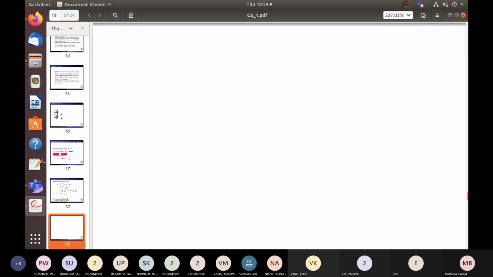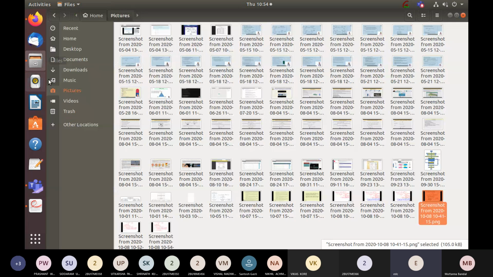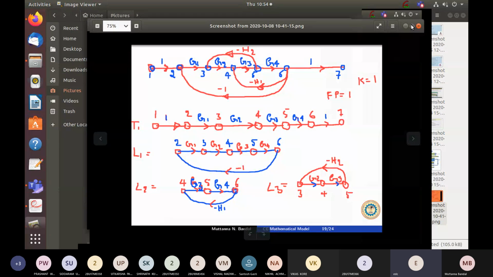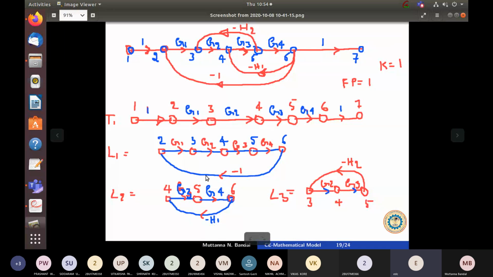Okay. Now, can you refer to this? I have created the forward path, 3 loops, right?